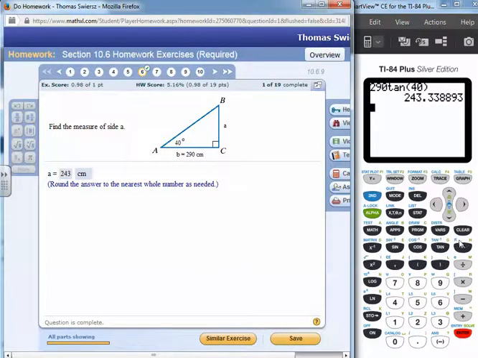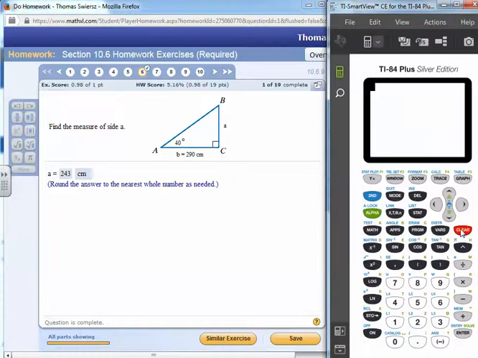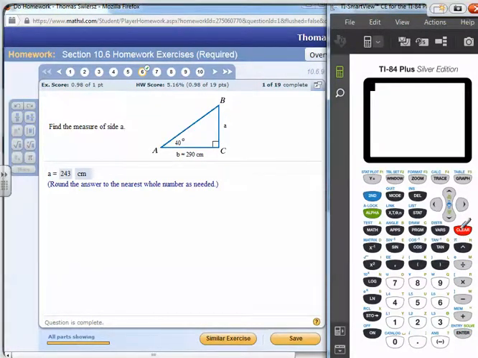Now on a scientific calculator, to go from radians to degrees, there's usually a key that says degrees, and above it radians, and if you click on it, you'll go into degree mode.